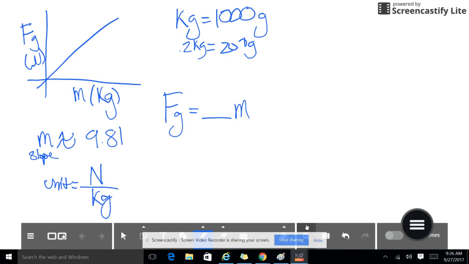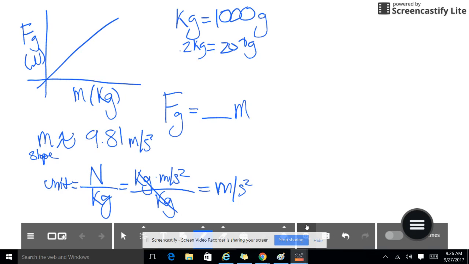There's another way to write a newton, and that is kilograms times meters per second squared. So if I divide that again by kilograms and simplify it, I am left with meters per second squared as my unit. So our slope should have been 9.81 meters per second squared.